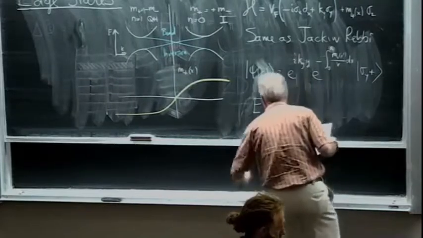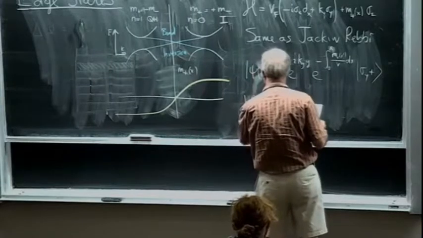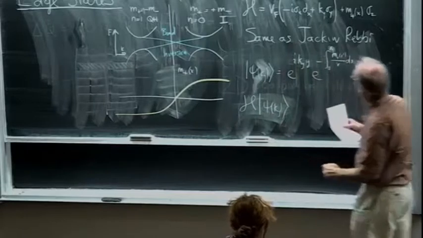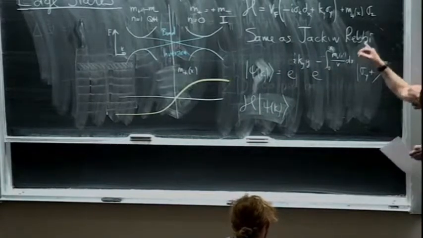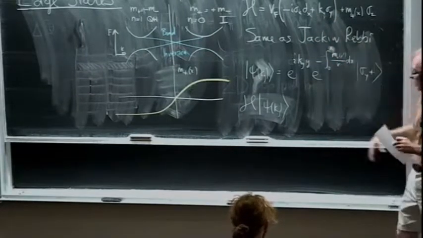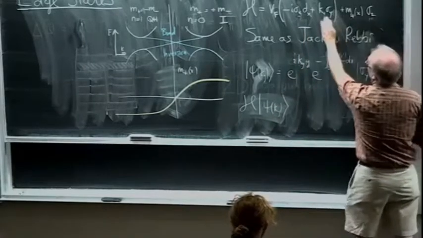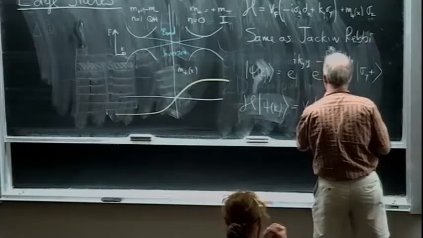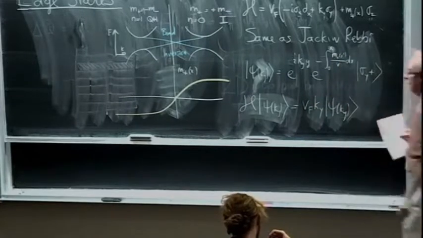Before you didn't have sigma y in your Hamiltonian. That's right. But the zero modes are eigenstates of sigma y, so now applying this Hamiltonian, this part is going to give 0 and this part is trivial. It just gives Vf ky.